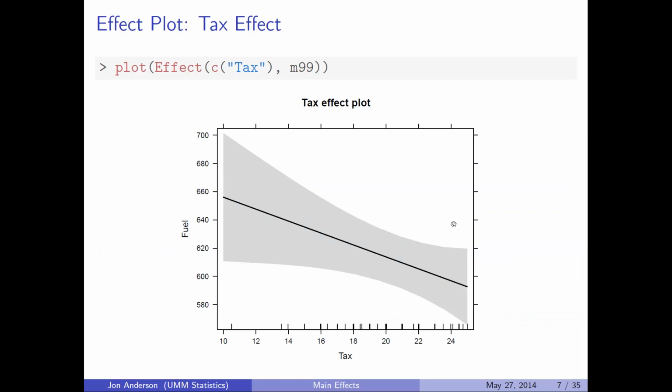The shaded area gives us an idea about the uncertainty in the fuel consumption values at the different values of tax. You'll notice the little markings down here on the horizontal axis for tax. Those are the values in the data set. So those are the observed values for cents per gallon fuel tax. We can see very clear evidence of a negative pattern.